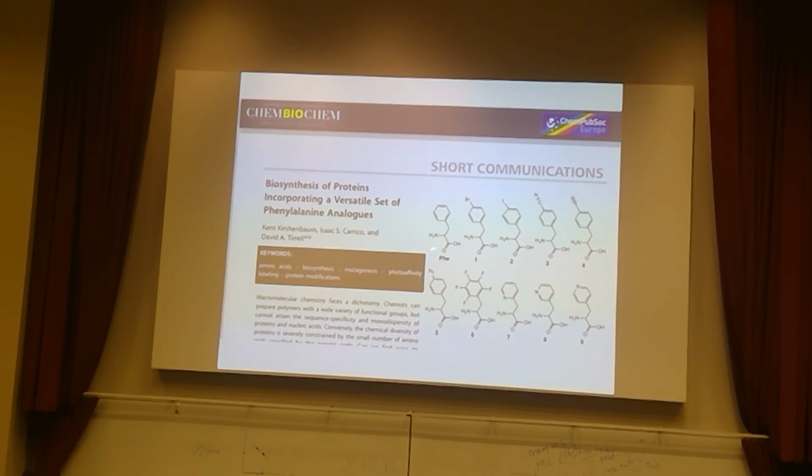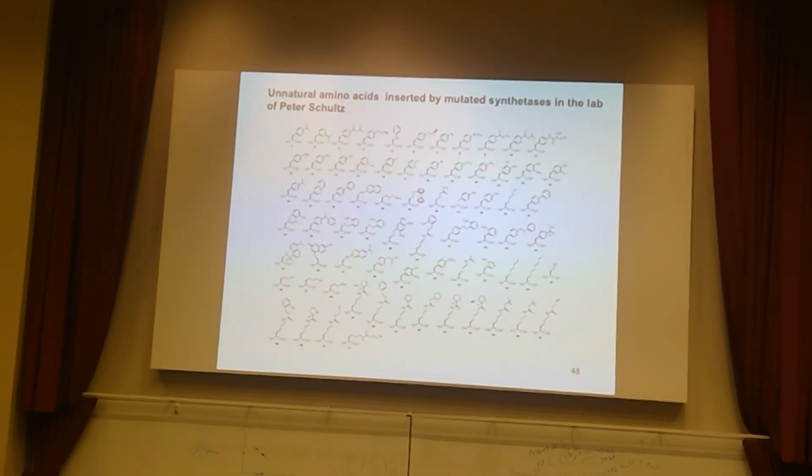And then we made additional mutations in the aminoacyl tRNA synthetase so that we opened up the binding pocket, and it was accepting all of these bizarro amino acids, putting them in right in for the phenylalanine codon. The ribosome doesn't check. The ribosome is just looking for codon-anticodon interactions.